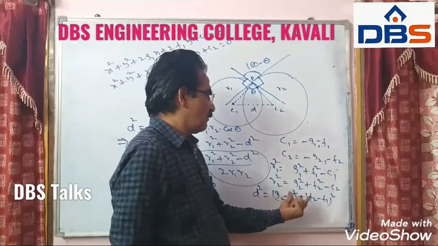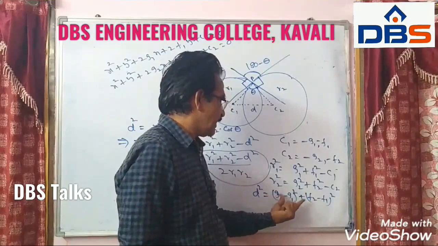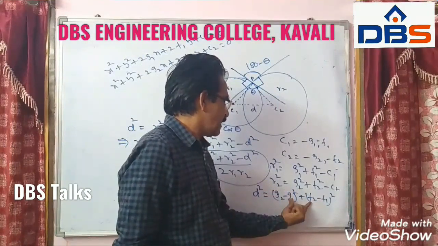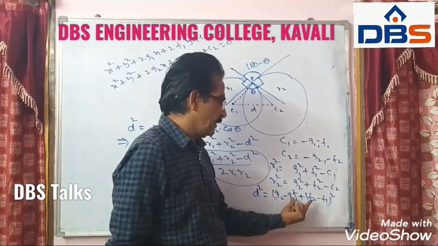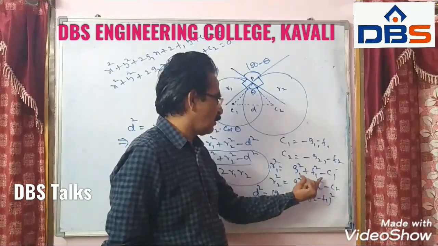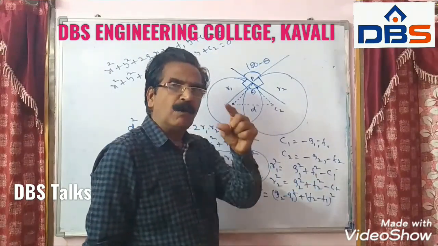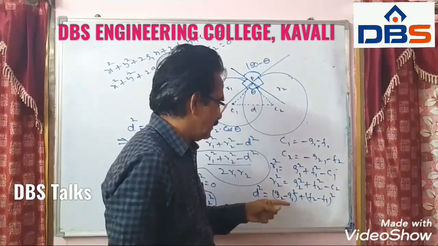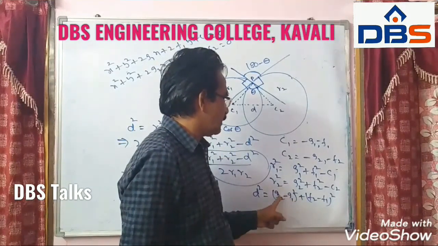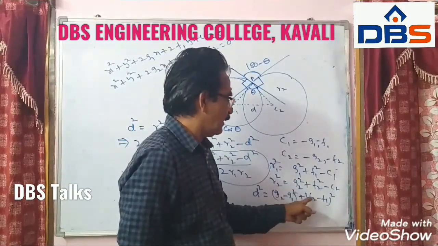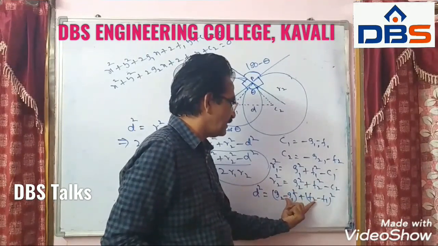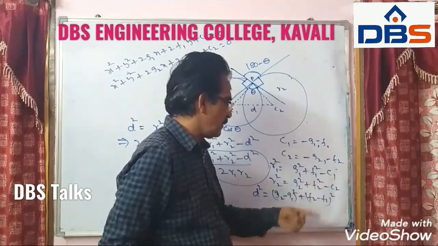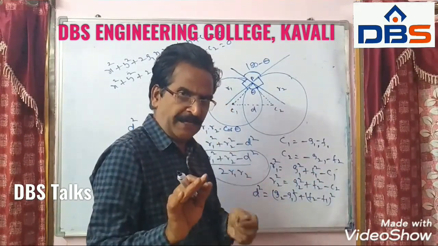So now by equating D square is equal to R1 square plus R2 square, what conclusion are we getting? See, friends, G1 square, G2 square get cancelled, F2 square, F1 square get cancelled. When we equate, what terms are remaining?